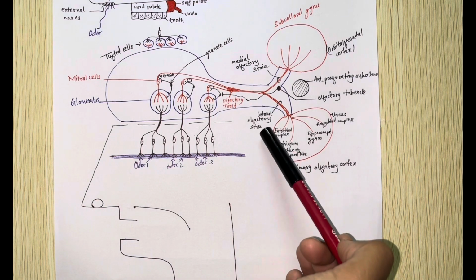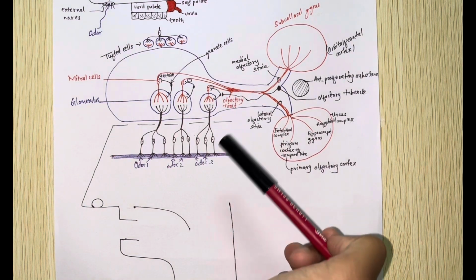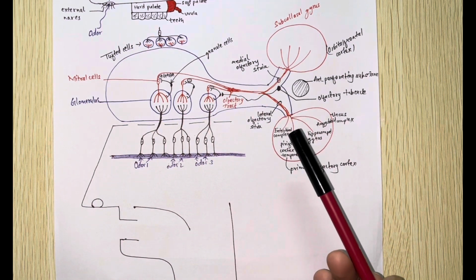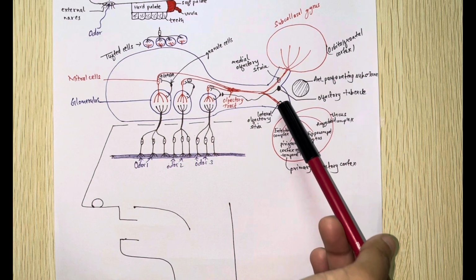Now, this olfactory tract, when it starts moving, it will branch into two different structures. First one is known as lateral olfactory stria, this one.